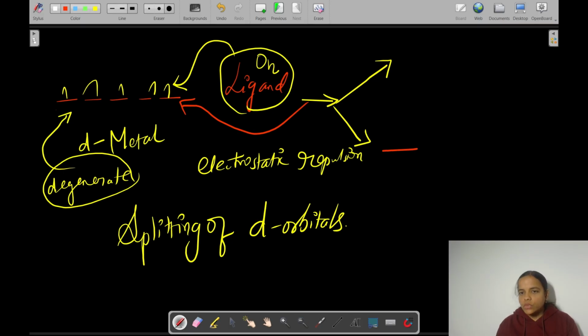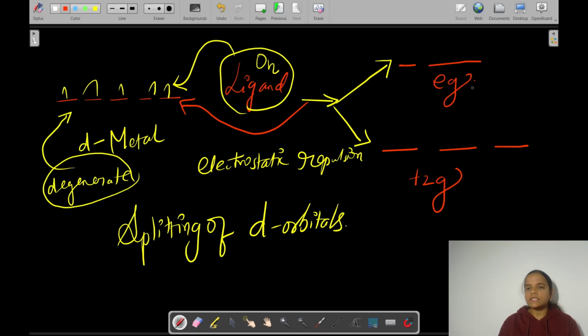So it leads to triply degenerate, three subshells in one lower energy level, and two subshells in a higher energy level. So this is the triply degenerate lower energy orbitals, and this is the doubly degenerate higher energy orbitals. These are the dxy, dyz, and dzx, and these are dx square minus y square and dz square.